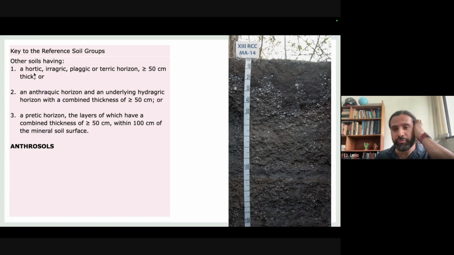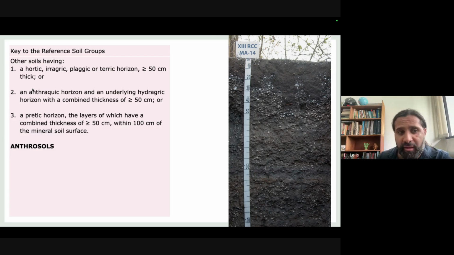Okay, so they should register one of these horizons that express human actions, and they are surface horizons, remember? Or we have an anthraquic horizon and an underlying hydragric horizon with a combined thickness of 50 centimeters or higher. Or we have a pretic horizon, the layers of which have a combined thickness of 50 centimeters, if we have a lot of pretic horizons, okay, in the first 100 centimeters of the mineral soil surface.